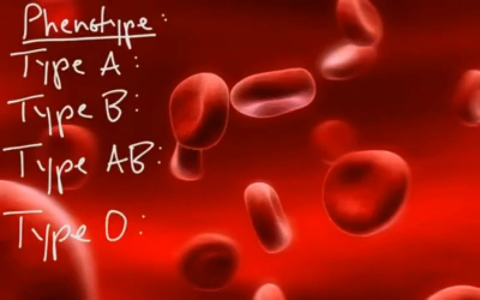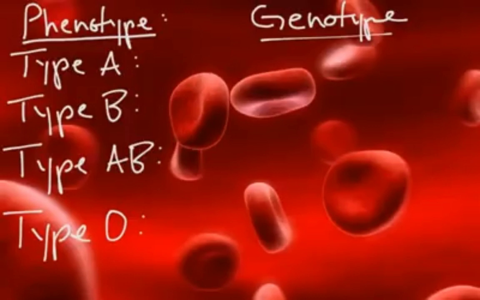Now let's talk about the genotypes for blood. The genotype is your genes, and if you recall, we're always going to have two alleles for every gene because we're going to inherit one from our mother and one from our father. Now what we're going to find is that A and B are both dominant to type O. So O is going to be recessive.